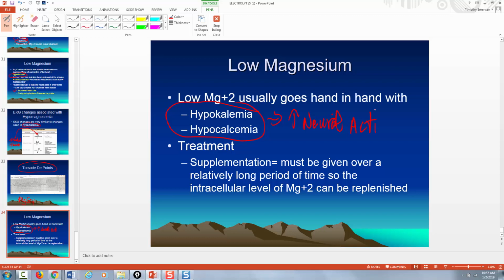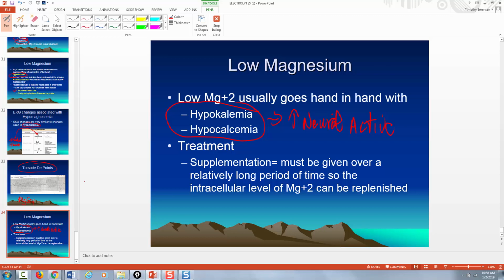The nervous system becomes more active. So you're going to get tremors, you're going to get that carpopedal spasm, torsade de pointes, right? You're going to get tetany, seizures, right? Muscle weakness and tetany because you can't relax the muscle.